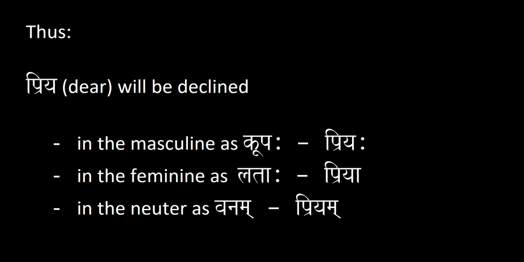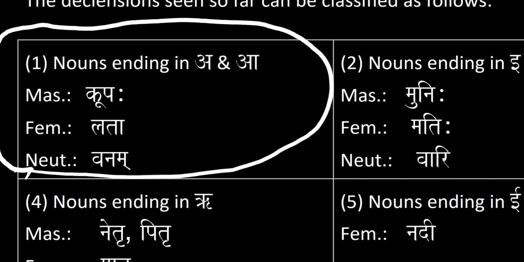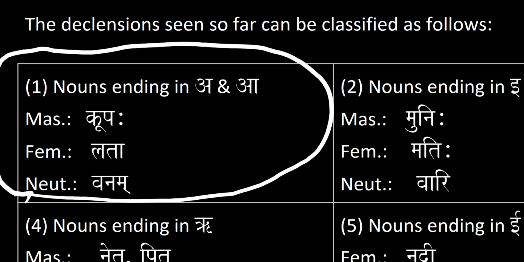If priya has to agree with a feminine noun, then we're going to have to decline it like lataha. And if it has to agree with a neuter noun, then we decline priya like vanam. That is why we categorized the types of nouns in this way, so that we can close in on them.